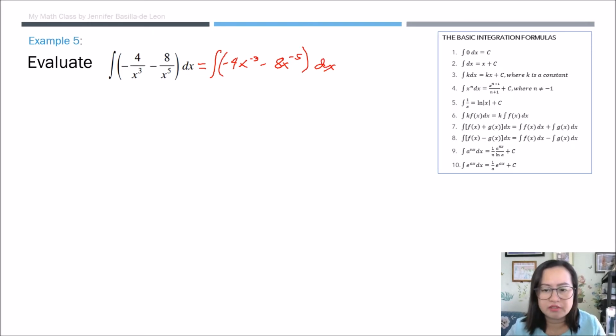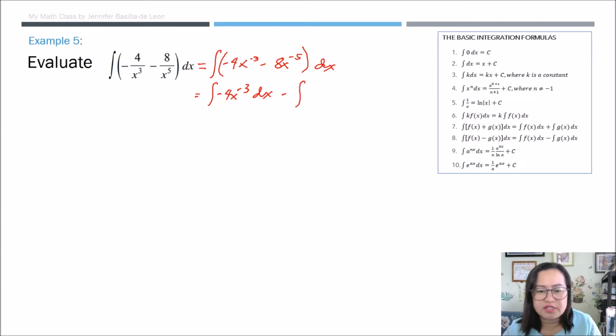Now applying rule number 8, we will have the antiderivative of negative 4x raised to negative 3 dx minus the antiderivative of 8x raised to negative 5 dx.